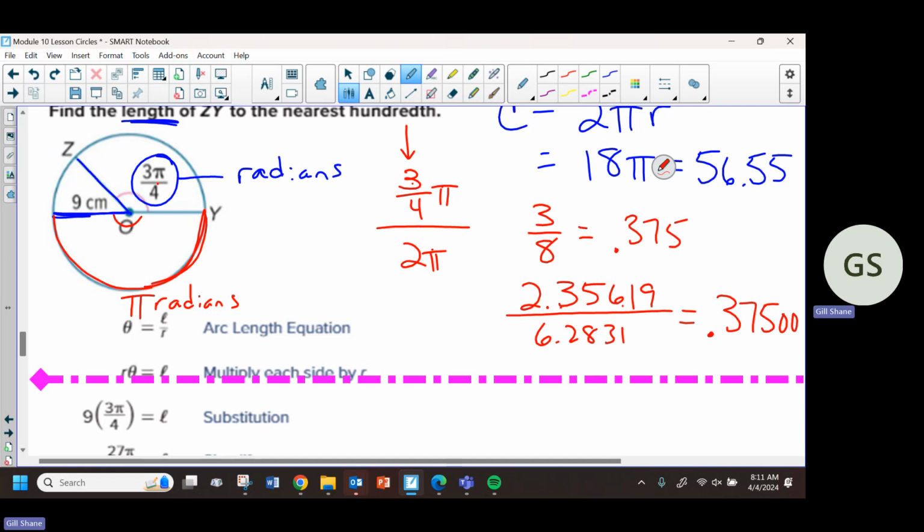You could say 3 ABC4 times pi, and you'll get to this 2, and then you'll say 2 times pi and get to that. My point is, do it whichever way you understand. Fractions is best if you want to work a little bit to understand that. If you just really understand the decimal way, just understand you could possibly have rounding errors unless you write a bunch of numbers after the decimal. So don't round early if you're going to do the decimal.